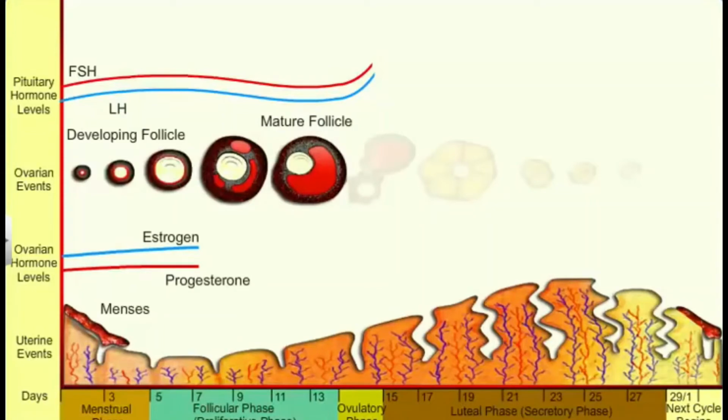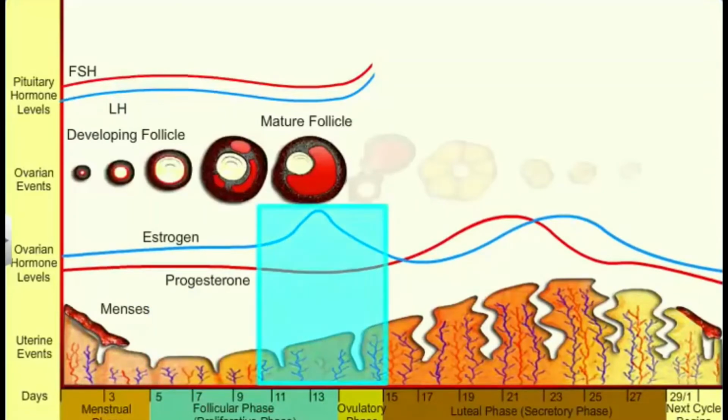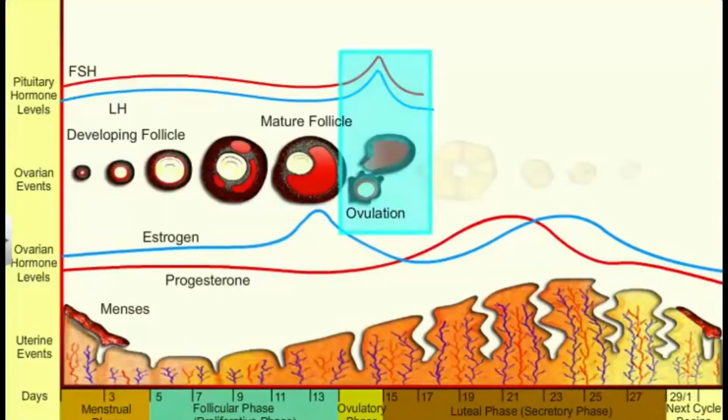Moreover, the follicle releases estrogen, a hormone that helps the proliferation of the endometrium. The increased level of estrogen in turn causes the anterior pituitary gland to release a surge of LH and FSH, so much so that by the ovulation stage, the levels of FSH and LH in the blood are at their peak.